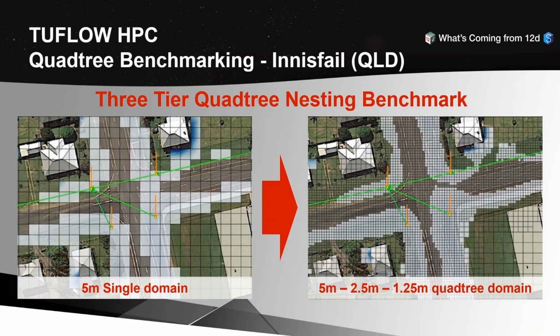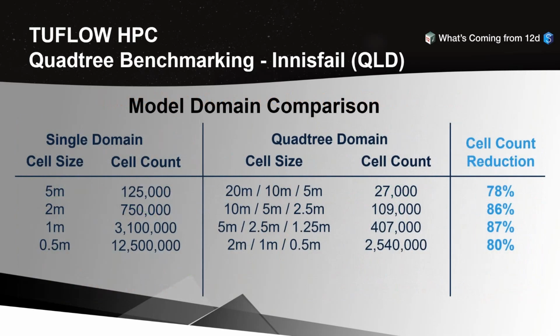Let's look at how much Quadtree will be able to speed up your simulations. It's good to just do a little test case here. We're looking at Innisfail, where we're comparing a single resolution model, which is on the left, to a Quadtree model, where the finest resolution matches the equivalent single domain model resolution.